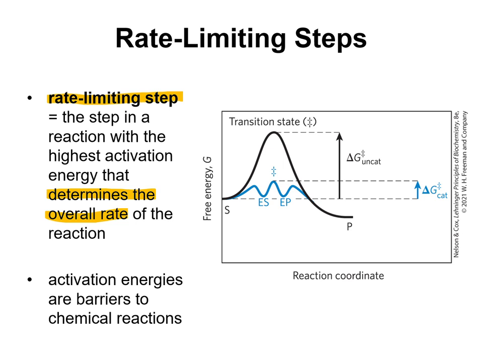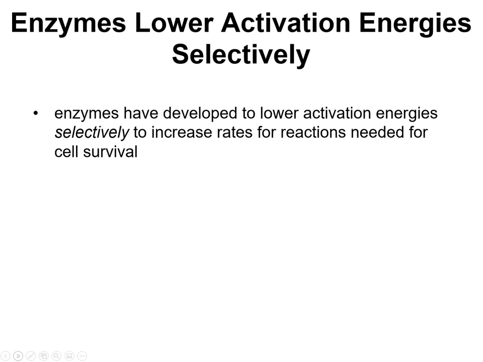The activation energies that we're talking about, those are the barriers to chemical reactions. So looking at a reaction on the benchtop versus with a catalyst, the activation energy, that barrier, is much lower with an enzyme or other catalyst present. Enzymes have developed lower activation energy selectively to increase the rates for all the reactions that you need to survive.